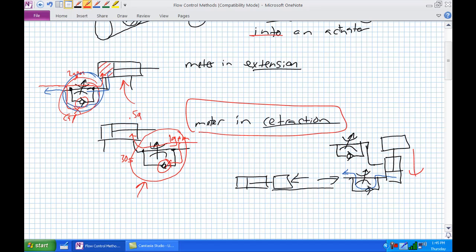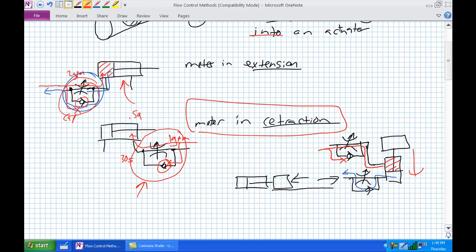I'm going to set it up this way. So with meter in retraction, pressurized fluid flow can't get through the check valve, so I'm controlling the rate at which this rod end is filled. And I should, in theory, be able to control the speed at which that thing retracts, thereby controlling the speed at which it descends. That answer is totalmente falso.